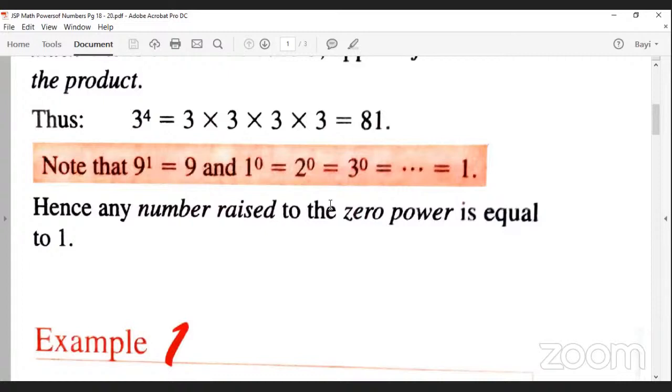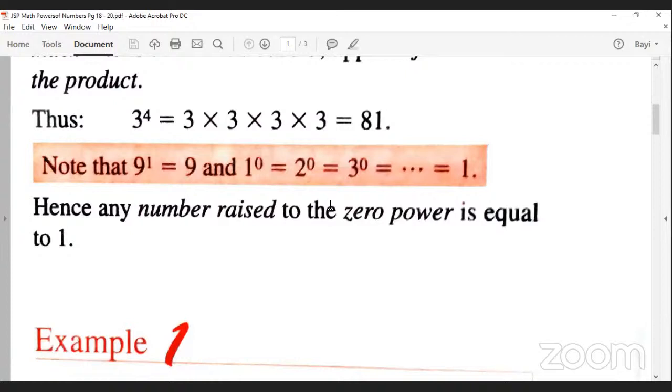Those 3 dots are saying that from 1 to the largest number we can write down, once that number is to the power 0, it is 1. So 1 to the power 0 is 1, 2 to the power 0 is 1, 3 to the power 0 is 1, 4 to the power 0 is 1, 100 to the power 0 is 1, 1 million to the power 0 is 1. No matter what the number size is, once it's to the power 0, it is always equal to 1.